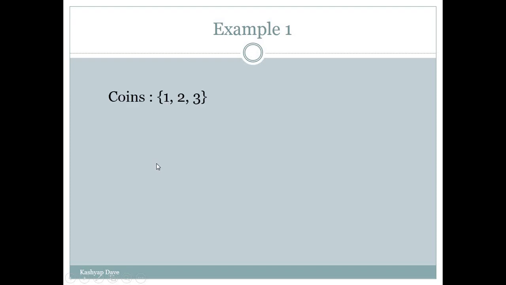Let's take an example. For example, we have 3 coins, 1, 2 and 3: a 1 rupee coin, a 2 rupee coin, and a 3 rupee coin. Actually, in real life in our country a 3 rupee coin does not exist, but for understanding different examples we will take some odd coins here.